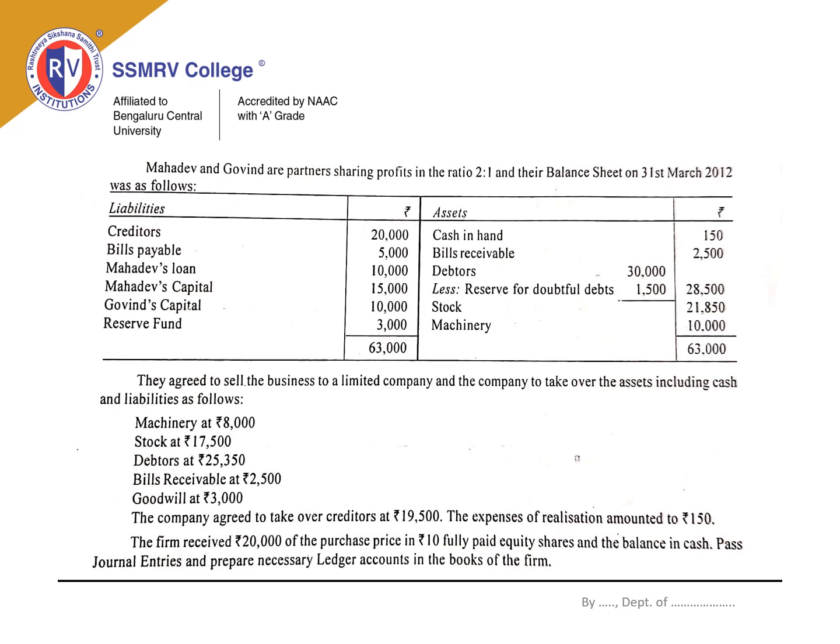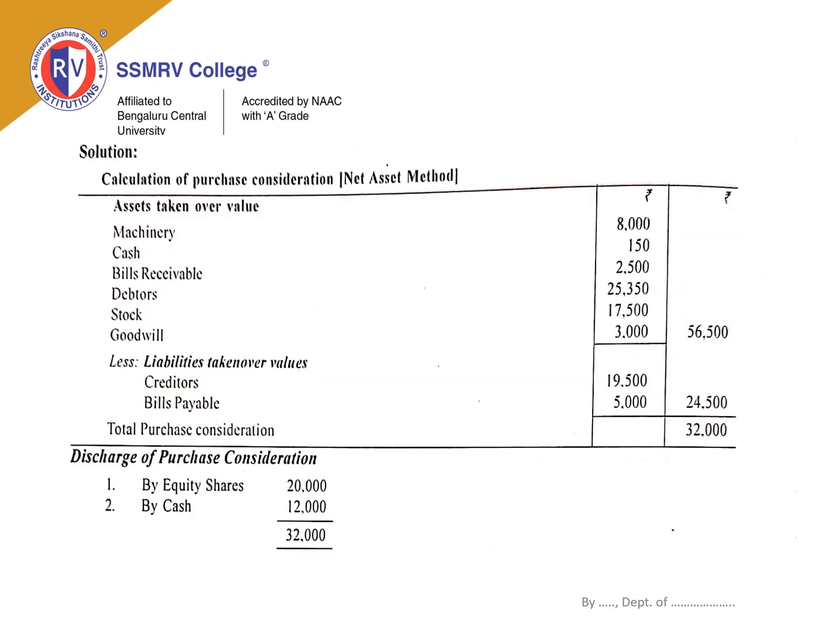So the first step is the calculation of purchase consideration, since it is not directly given to us in the problem. We will have to calculate purchase consideration under net assets method.